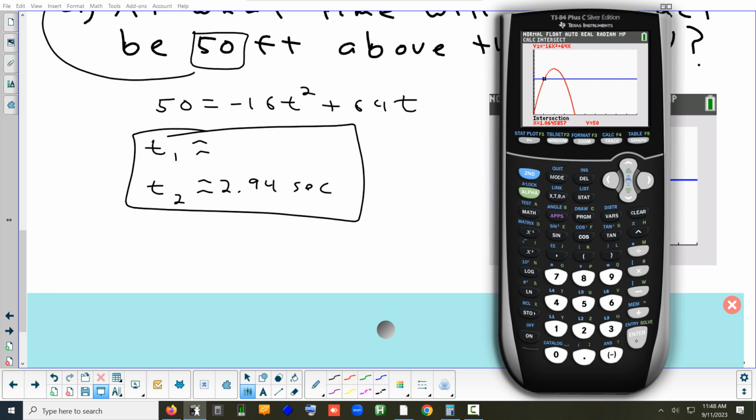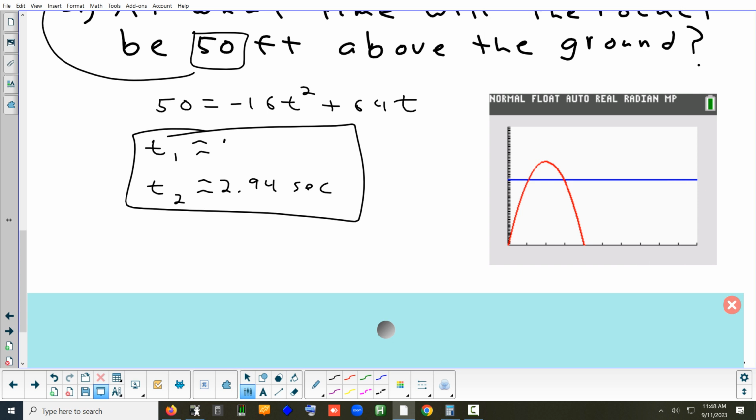Hit enter. And it says on the way up, it's going to cross at about 1.06 seconds. Those would be the 2 numbers that you would get if you used the quadratic formula and you did the plus or minus. But that's just a different way, so you don't have to do plus or minus.